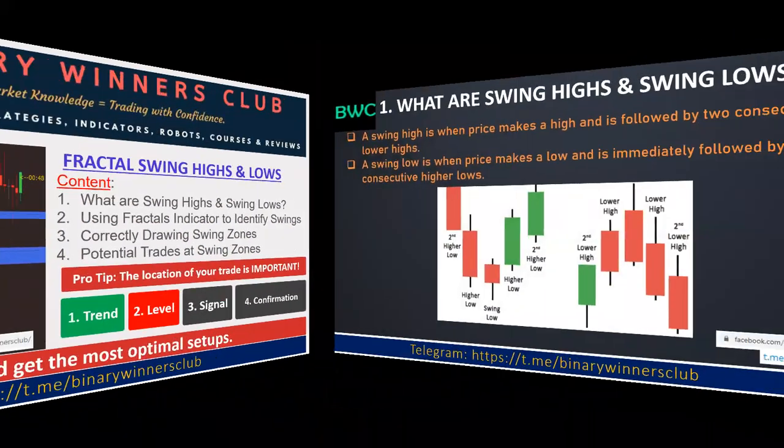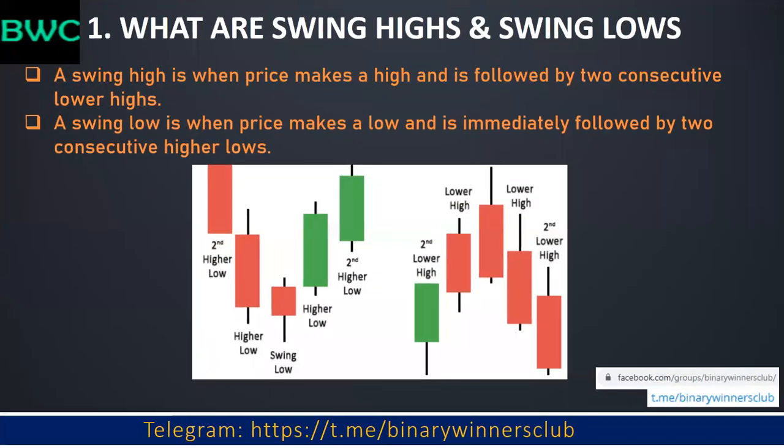Number 1, what are swing highs and swing lows? If you look at the charts, I want to explain this illustration that you see here. What you notice is a swing high is when price makes a high and that high is followed by 2 consecutive lower highs.